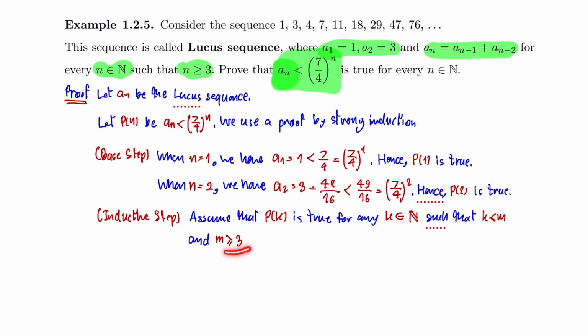So m can be 3, 4, 5, 6, 7, and so on. In the base step, we have the cases where n is 1 and 2. So now we're going to have P(3), P(4), P(5), P(6), and so on, because k is less than m and m is greater than or equal to 3.